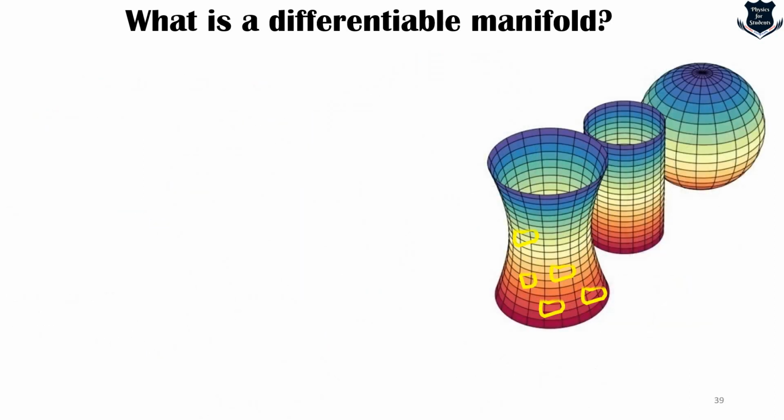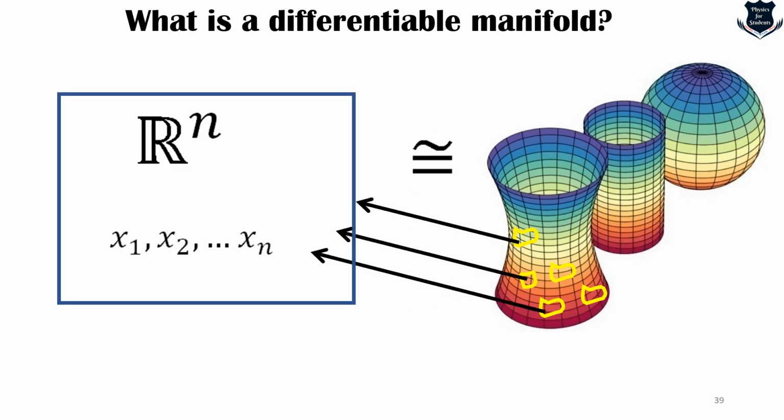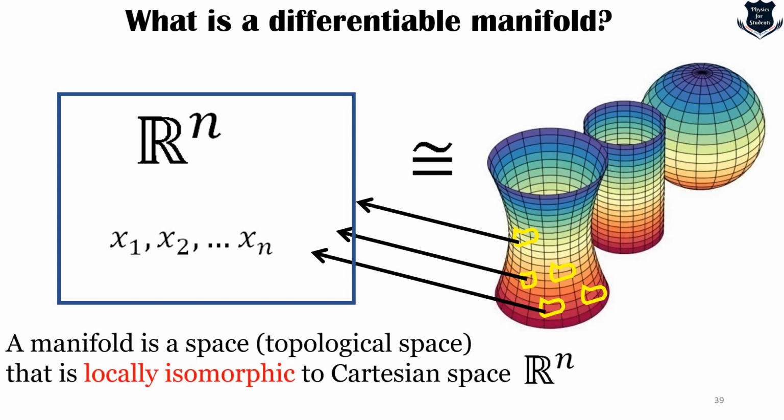Here is a better visualization. These yellow boxes which we have differentiated emerge into Rn, and this sign actually shows isomorphism. So a manifold is a space that is locally isomorphic to Cartesian space.